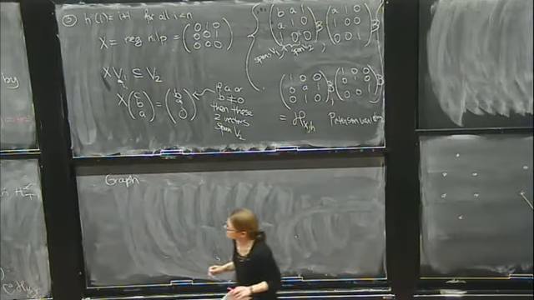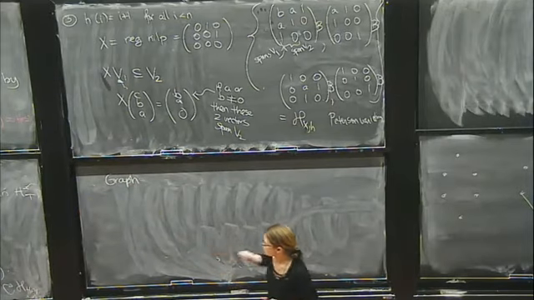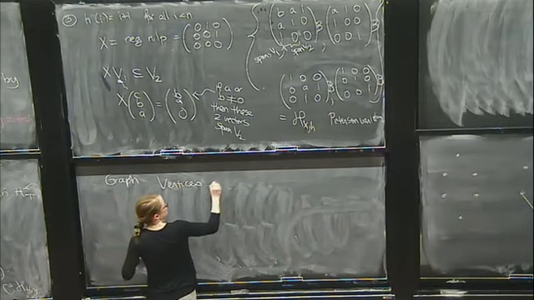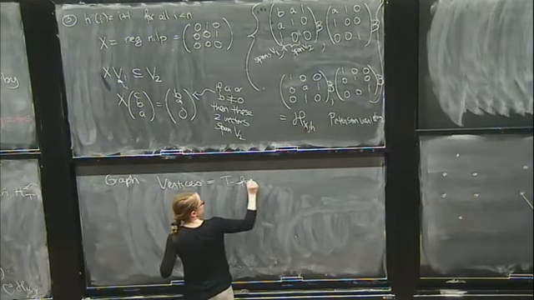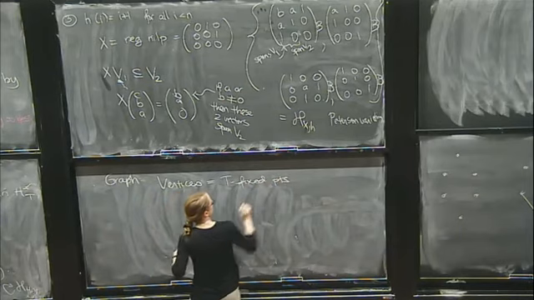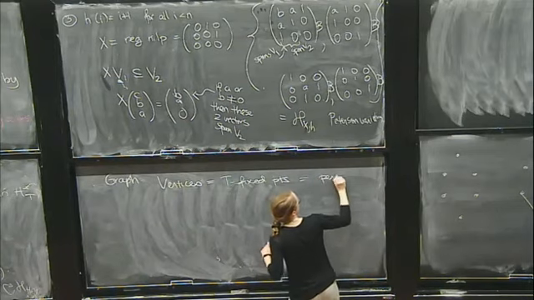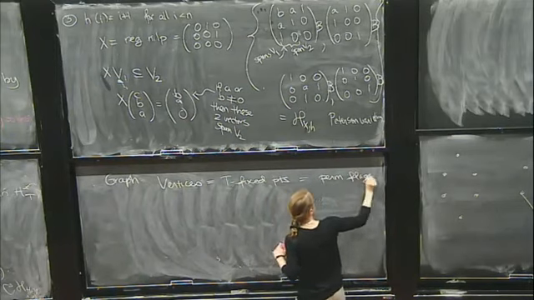The way to describe the equivariant cohomology in this case is to set up a graph where the vertices are the T-fixed points, which in our Hessenberg case is always all of the permutation flags.